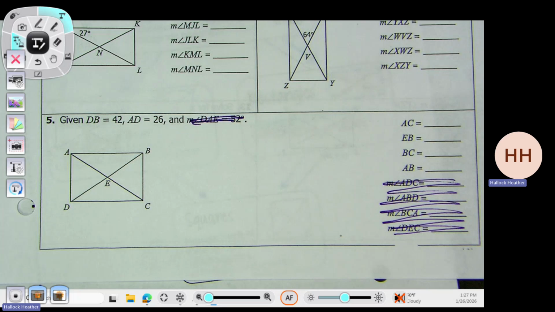Okay. All right, all right. All right. That's correct. We're crossing it off the back.